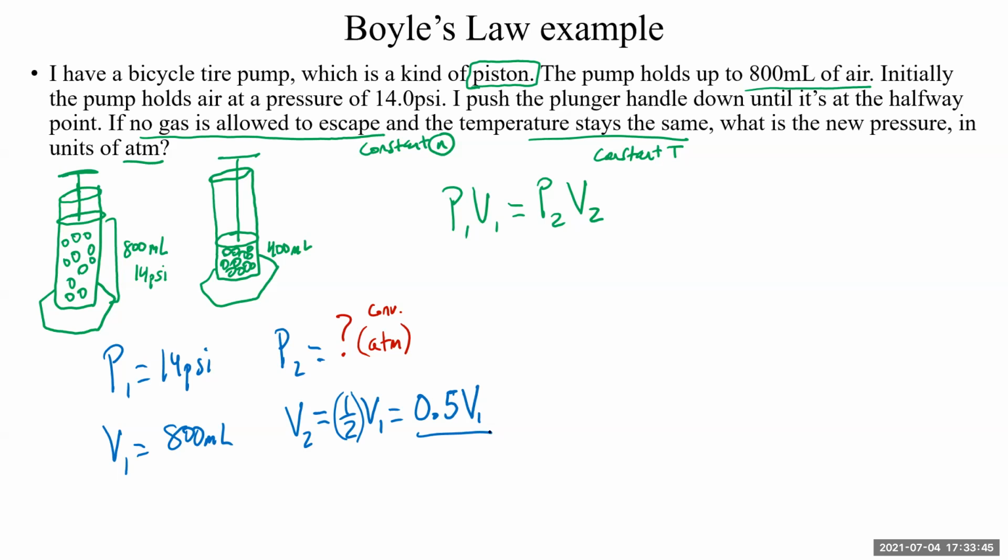Let's see if that helps us. So let's plug in now. P1, 14 PSI, multiplied by V1, 800 milliliters. In fact, we don't even need to put in the 800. We could have actually just put in V1, but I'll put in the 800 anyway.